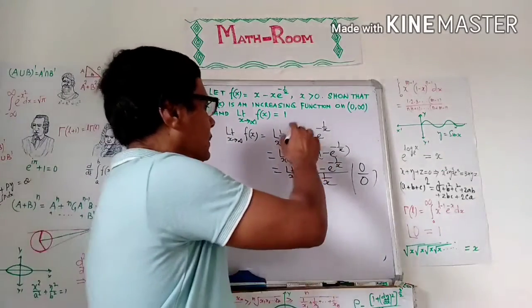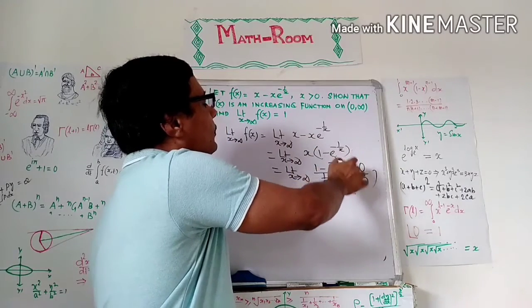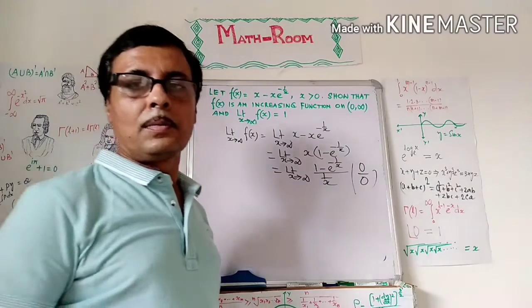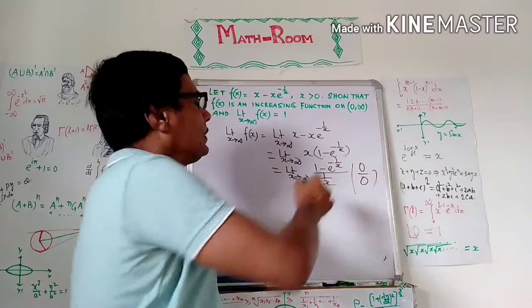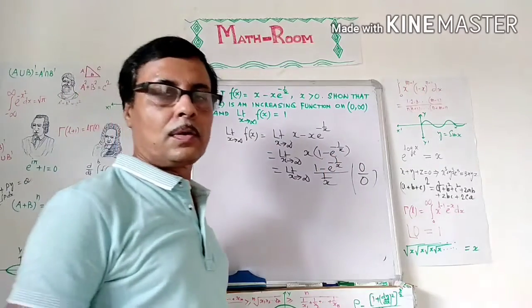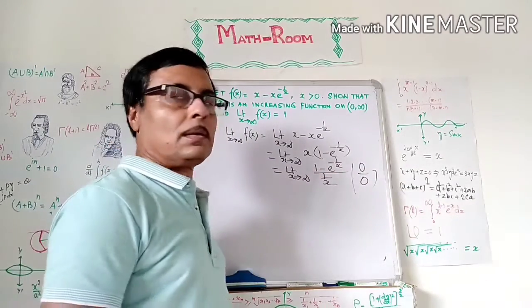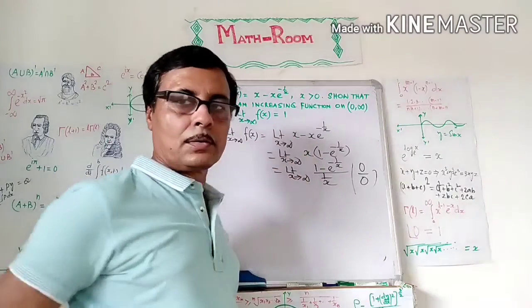If in any limit we get 0 by 0 form or infinity by infinity form, then we can use the L'Hospital rule to evaluate this limit.